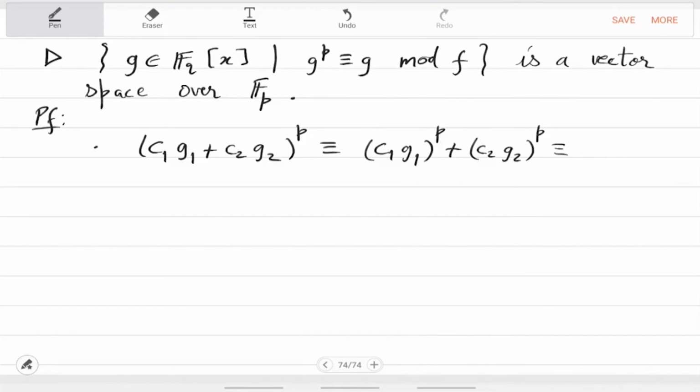And then you know that C1 to the P is C1, you need this, which is why we said FP. And G1 to the P, G2 to the P you have taken from the solution space. So this is C1 G1 plus C2 G2. Okay, this is the proof. So this solution set is actually a vector space over the base field, the prime field.